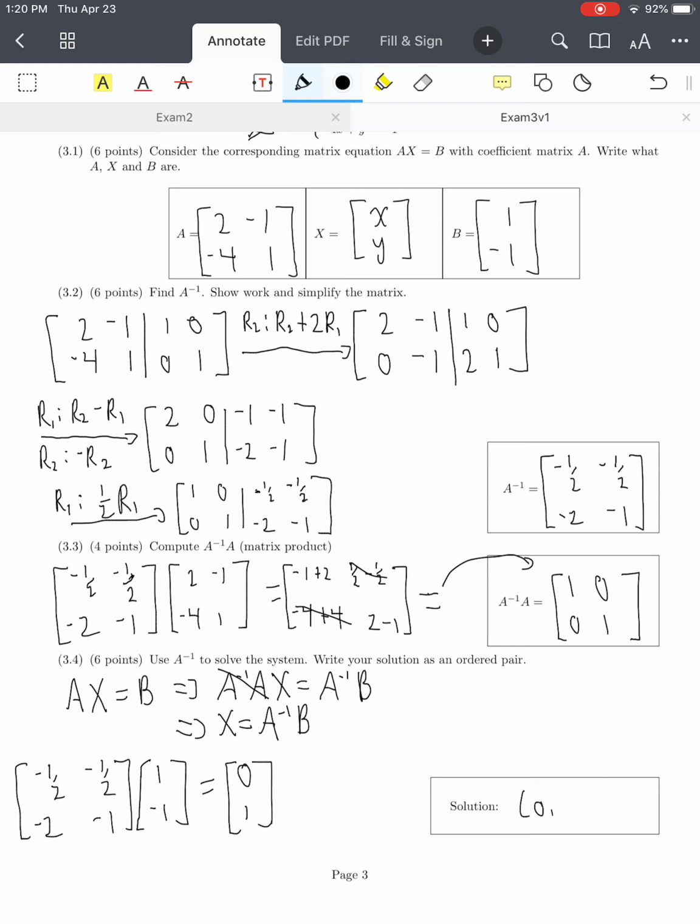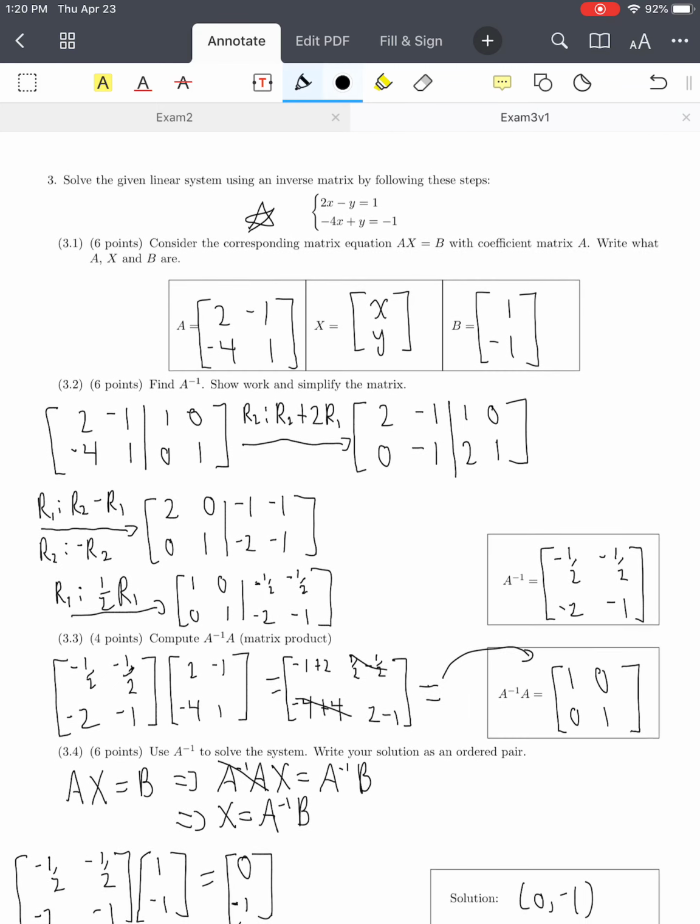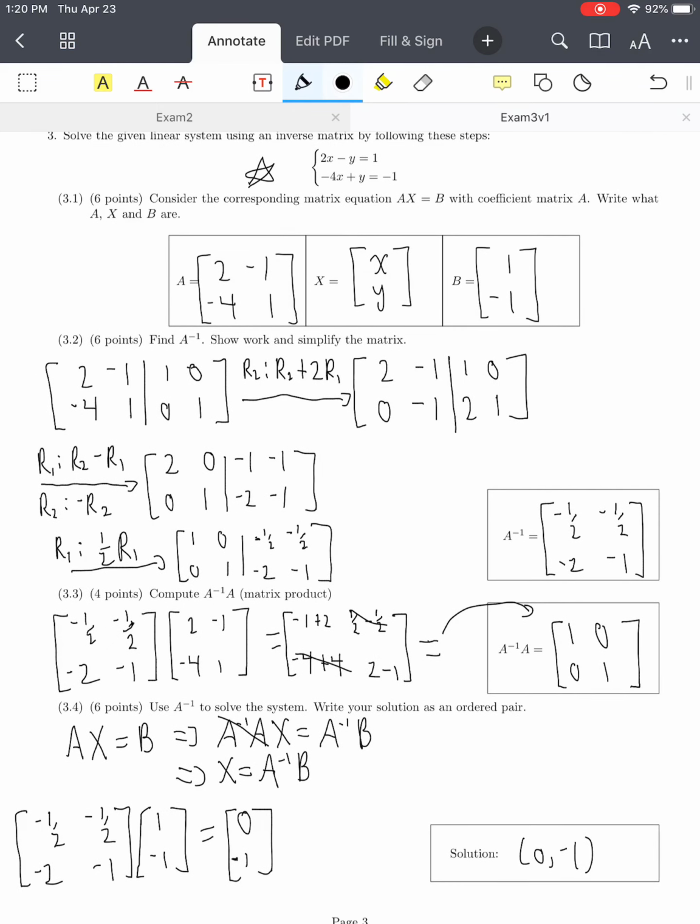So that gives us the solution 0, negative 1. Okay. You can go up and just double check those. 0 minus negative 1 is 1, and 0 plus negative 1 is negative 1. So they check out as well.